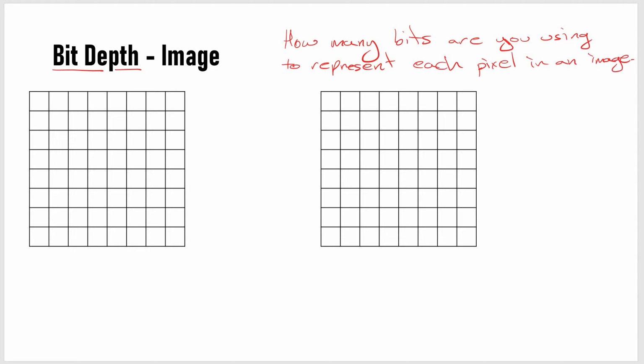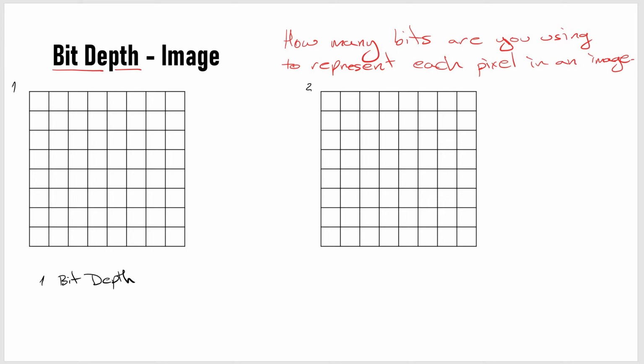Now, to show you this as an example, we're going to very quickly draw a simple emoji image on this image here. So we'll name this image 1 and this will be image 2. And in image 1, we're going to use one bit depth.